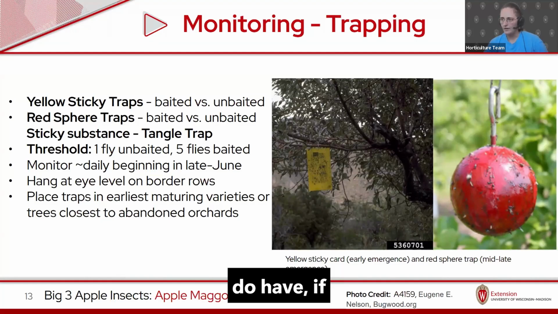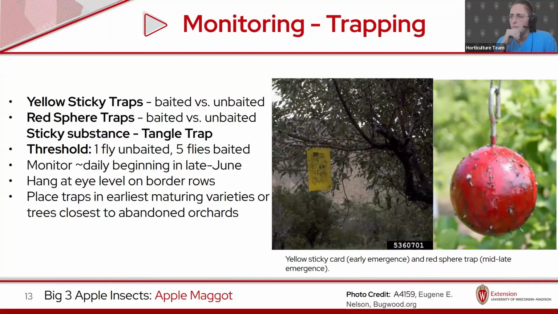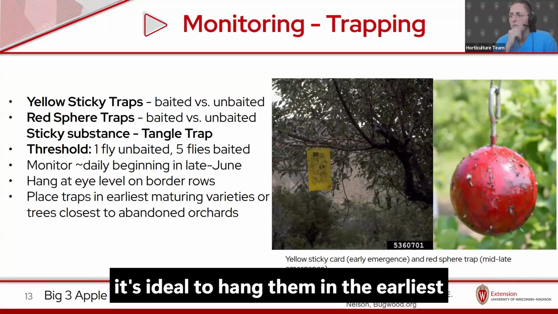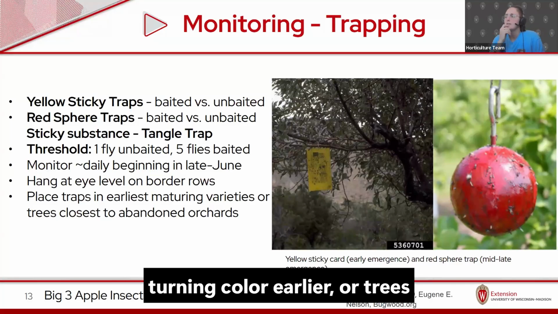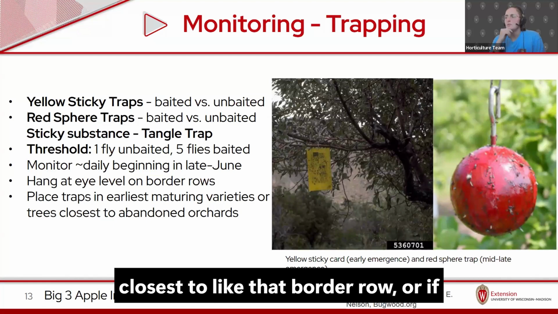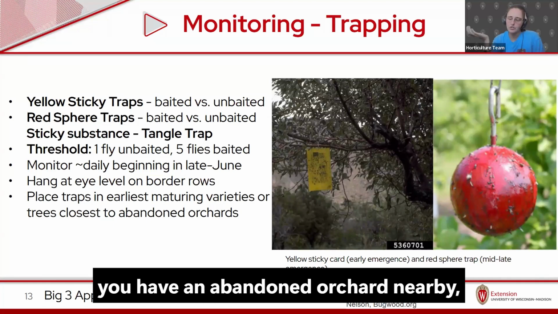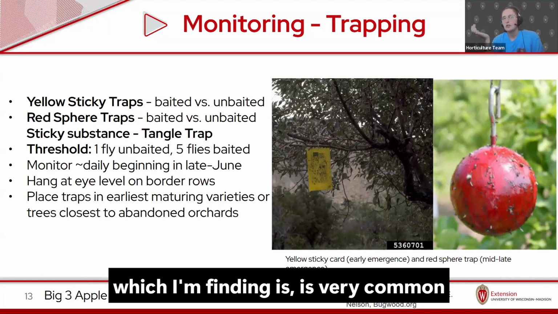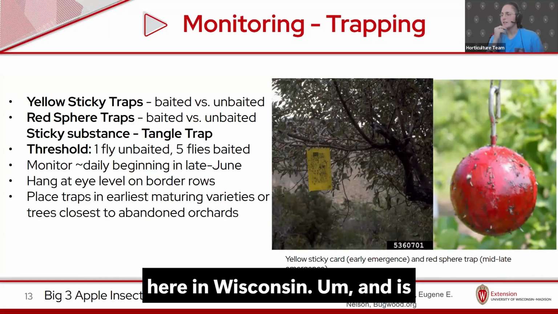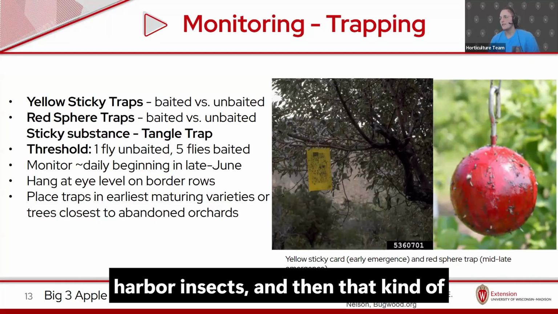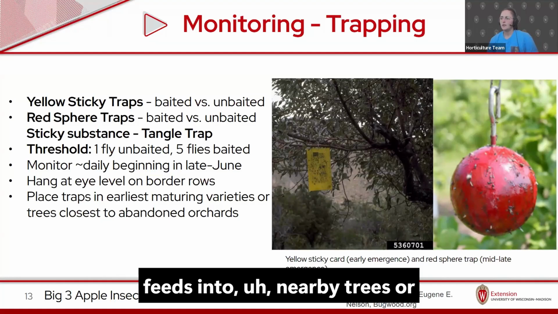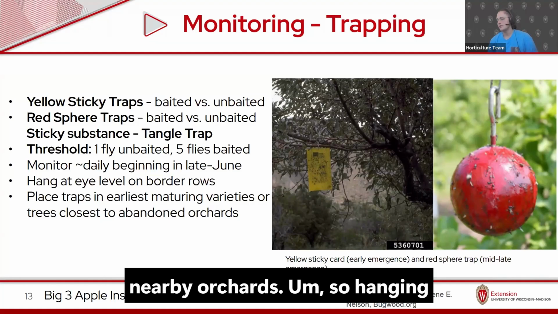And if you are interested in trapping, it's ideal to hang them in the earliest maturing varieties, so ones that will be turning color earlier, or trees closest to that border row, or if you have an abandoned orchard nearby, which I'm finding is very common here in Wisconsin. Oftentimes those abandoned orchards can harbor insects, and that feeds into nearby trees or nearby orchards.